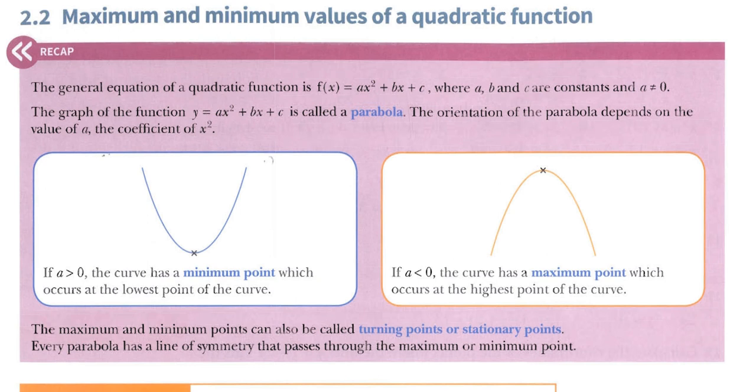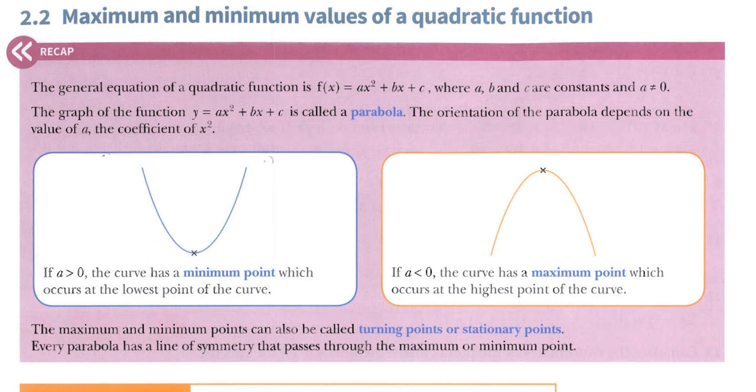If a is positive, that is the coefficient of x square is positive, then the curve has a minimum point, which occurs at the lowest point of the curve. Similarly, see the next graph in blue curve.